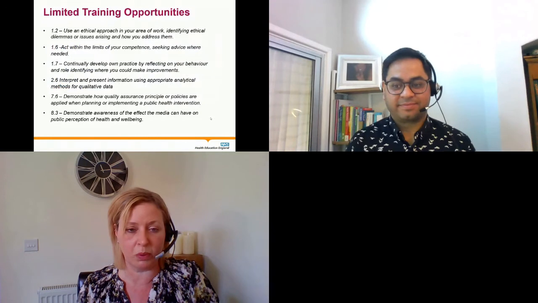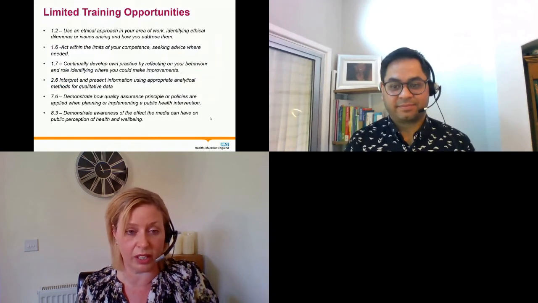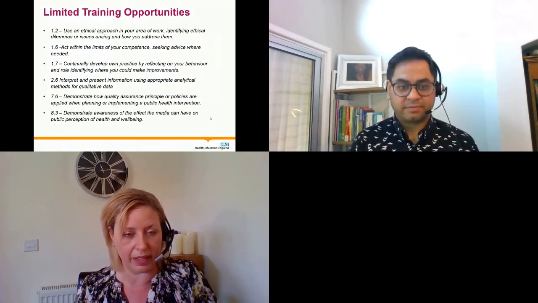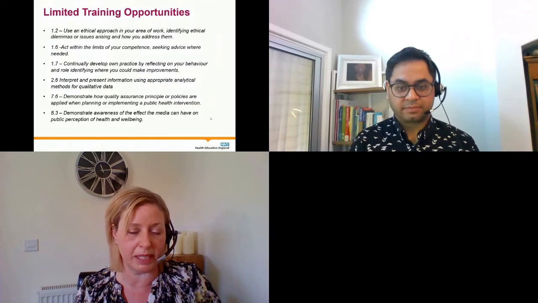So the scoping report, as I say, one of the objectives was to highlight any areas where there was limited training opportunities, and it highlighted 6 particular standards where there were particular limitations.